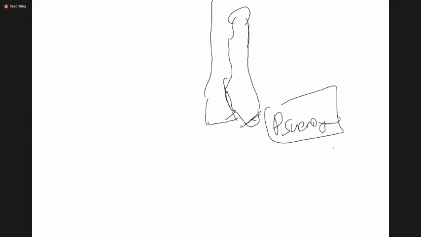Sorry, my drawing is not very good. You can have fractures that are here. These fractures are called pseudo-Jones fractures, and you can just manage them in a short boot or a plaster shoe.